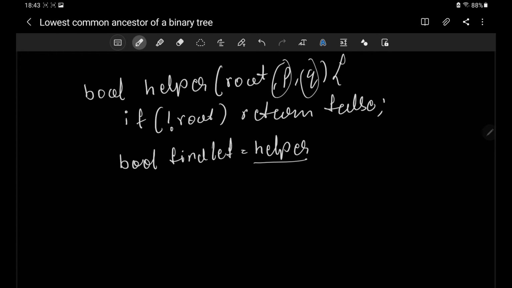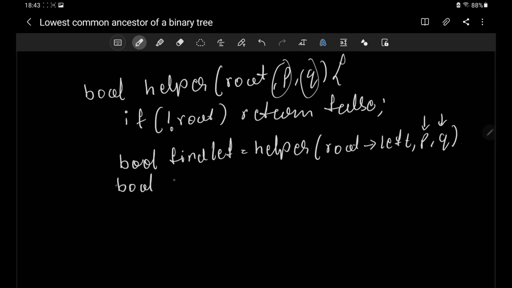Actually, this helper function can also be named as find function because it searches for a node. Helper which will take root left, P and Q, and it will return whether it has found any node P or Q in the left subtree.